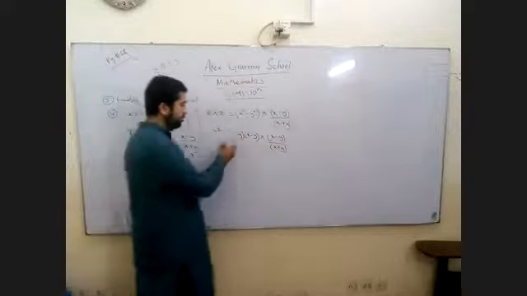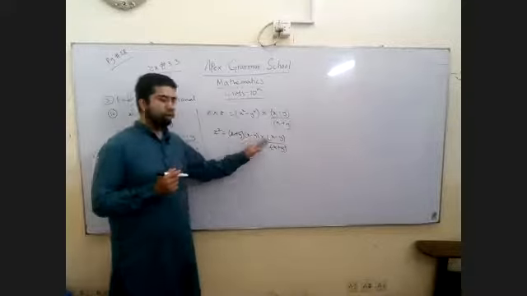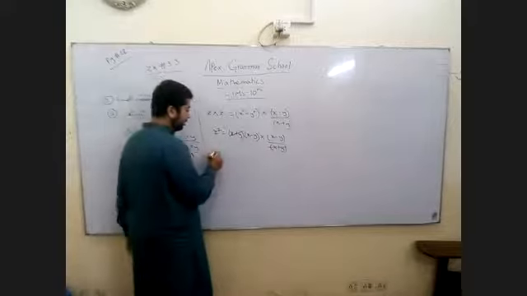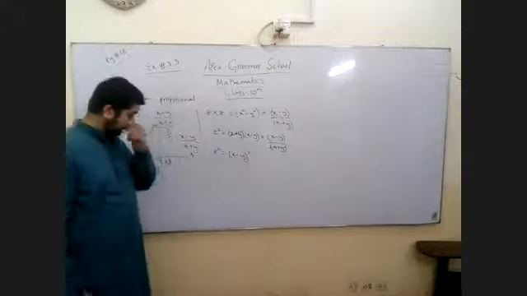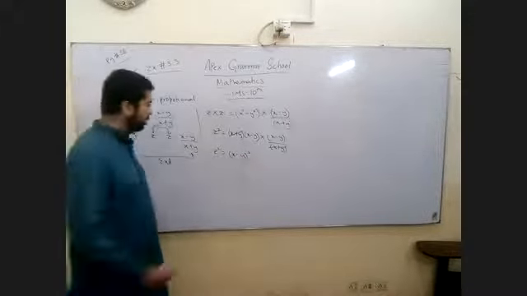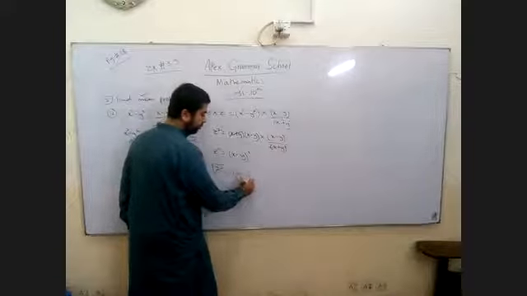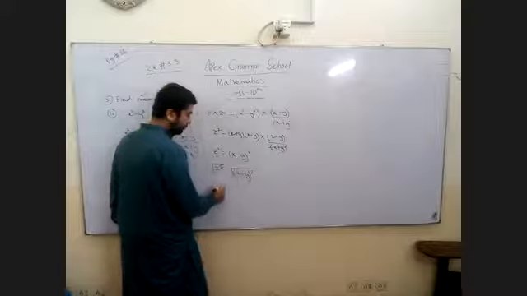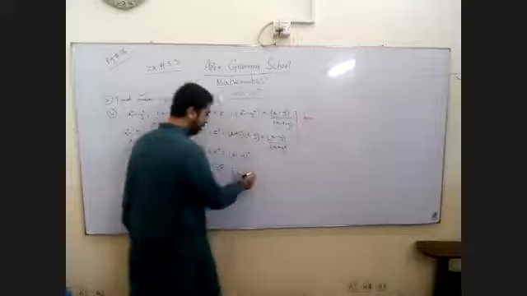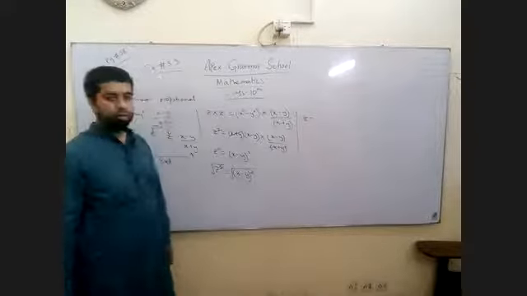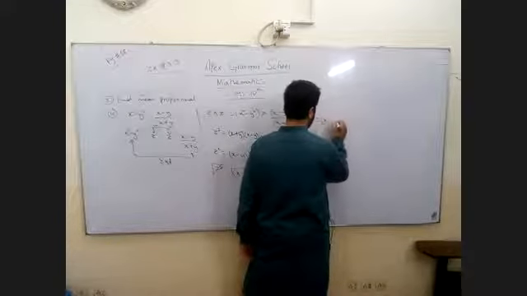Cancel x plus y with x plus y, and you are left with only x minus y whole squared. So z squared is equal to x minus y whole squared. Now to remove the square, apply square root on it, and z is equal to plus or minus x minus y.